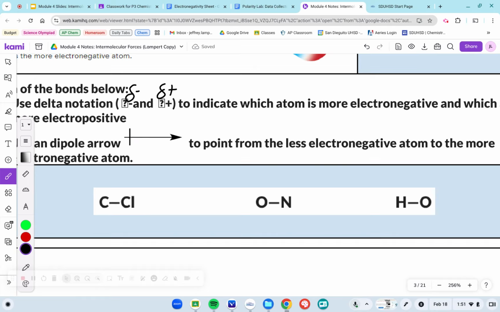Yeah, you know, it's like the lowest electronegativity minus the highest. Not gonna judge you.